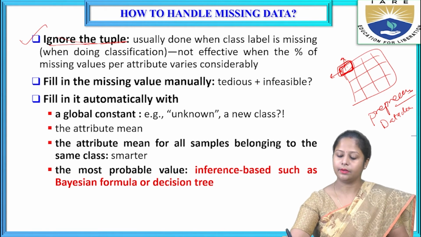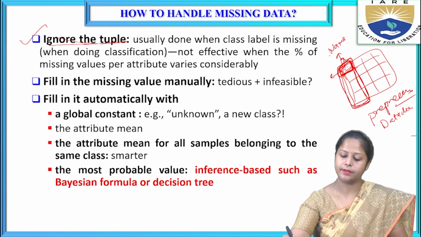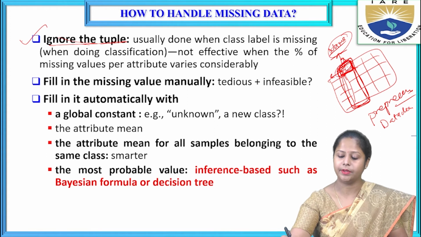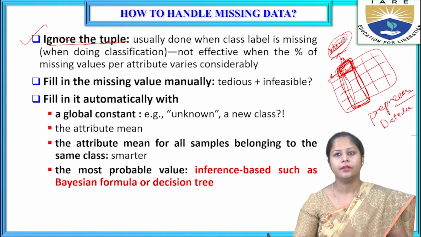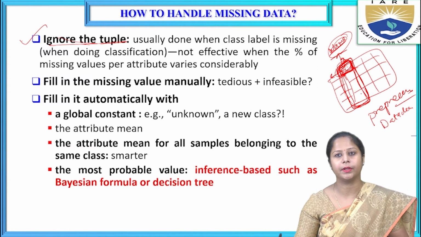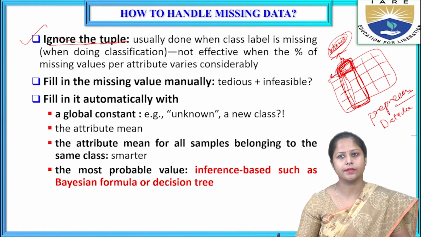When we have some classification method, for example, we have a field name and some names in the table. If the name is deleted somehow, if the name is not recorded, we will ignore the whole tuple while doing classification.